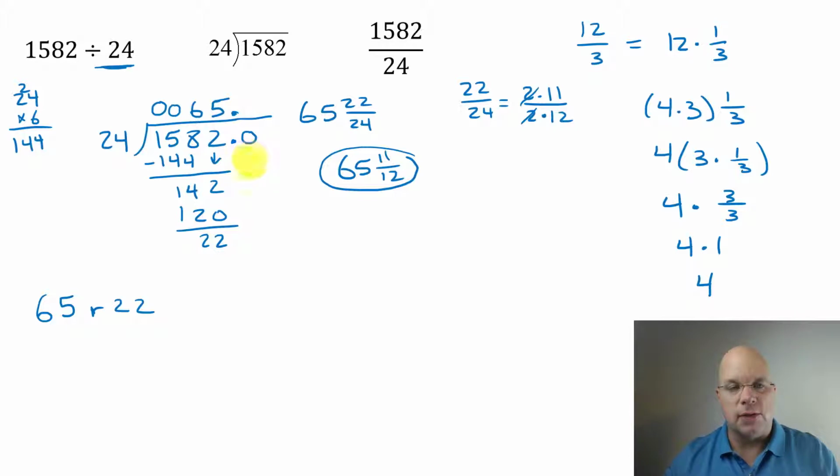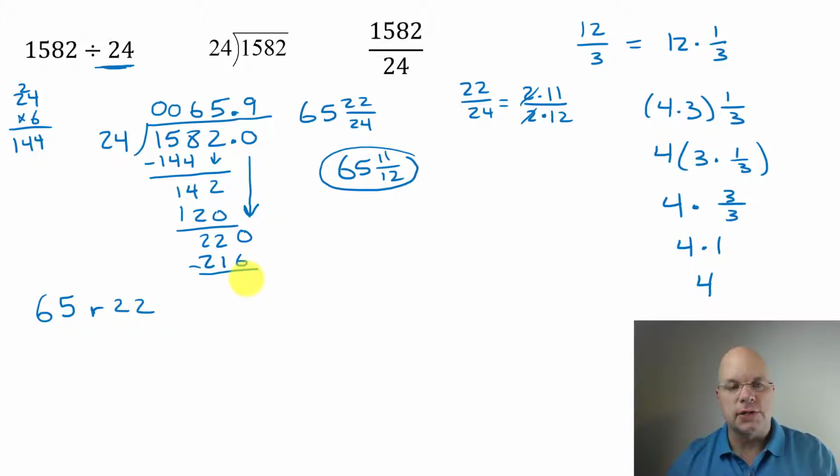So then we can bring this 0 down and ask how many 24s in 220. Let's see. 10. Well, obviously 10 is not going to work because we have room for one digit. But 9 24s would be 180 and 36 is 216. So this must be 9. 9 times 20 is 180. 9 times 4 is 36. 180 and 36 is 216.